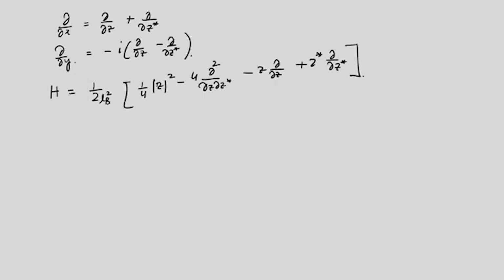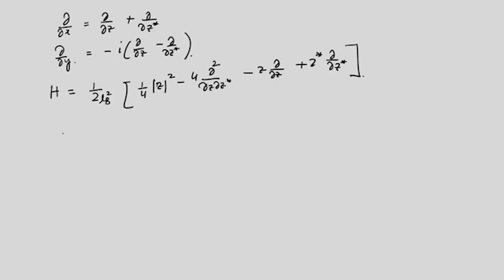Okay. And this has some similarities with the harmonic oscillator, but the similarity is not very well defined because of these mixed derivatives like z del z and z star del z star, etc. But these mixed derivatives are the main thing.